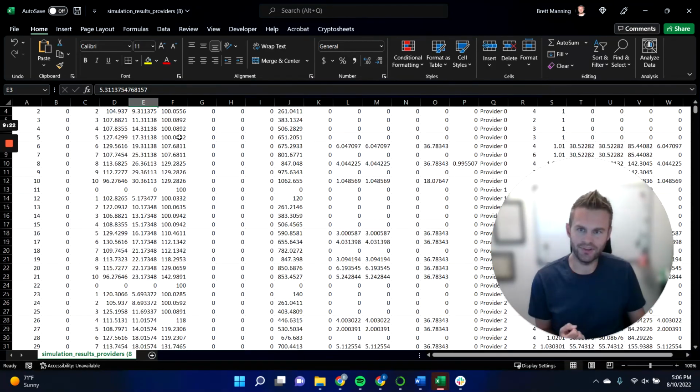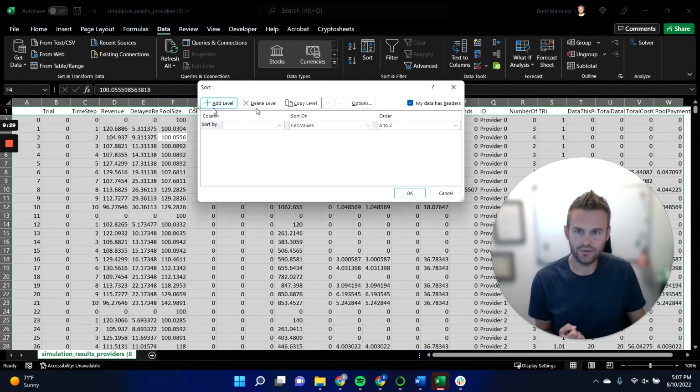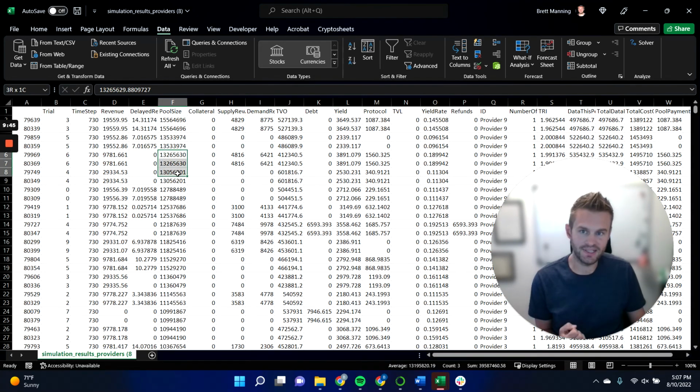If we filter by pool size, smallest first, and then look where the pool size is large, you can sometimes get 0 delayed revenue. So what's the difference between the areas where pool size is large and delayed revenue is large? Well, TVO is the answer.